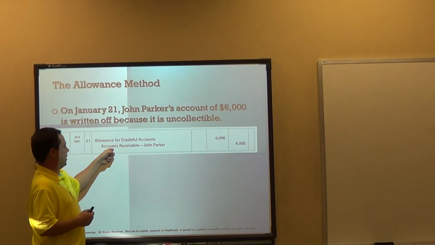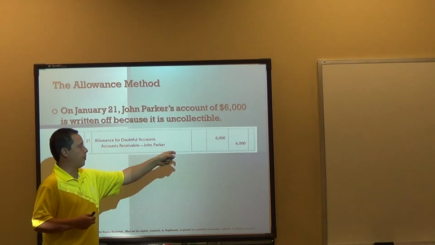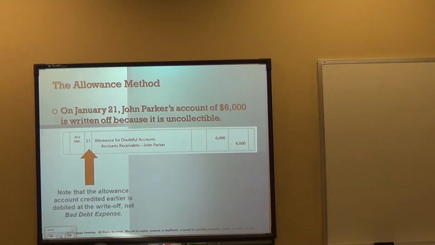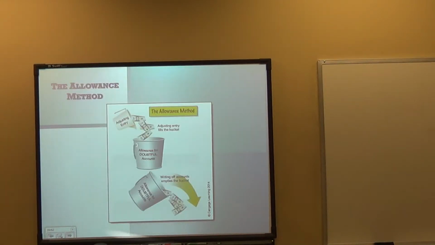And so we're taking away from accounts receivable John Parker because now he doesn't owe us that anymore, because we've written it off and it's done with. Obviously, we know he still has that commitment to us, but we're taking it off our accounting books because we just don't think we're going to collect. Now, notice it's not the bad debt expense, because we already put the bad debt expense when we did the allowance prior. So that's why it's not.